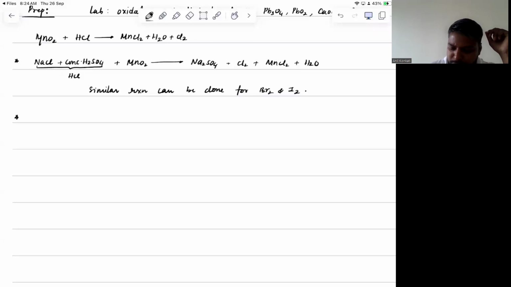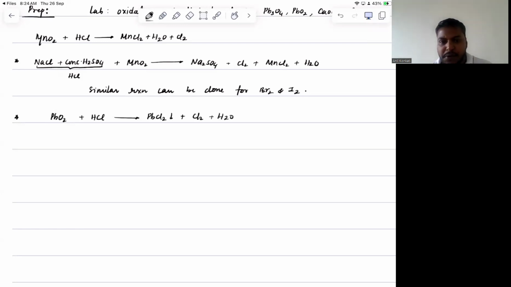Next, PbO2 plus HCl will convert into PbCl2, a white color precipitate, plus Cl2 plus H2O. This is how it will be. Next, if you have CaOCl2 plus HCl, that is also converting into CaCl2 plus H2O plus Cl2.